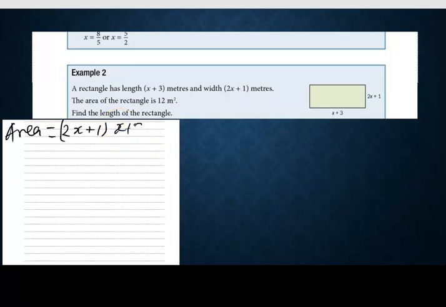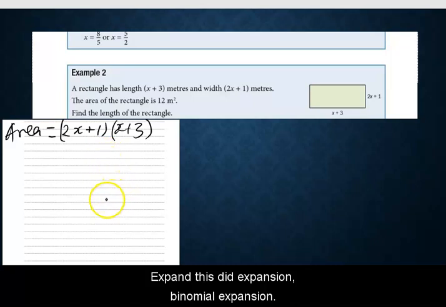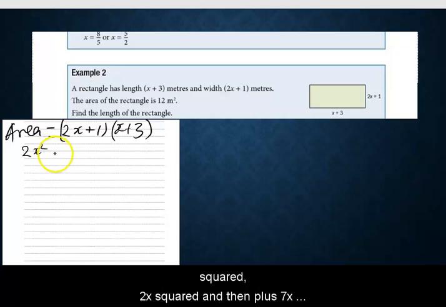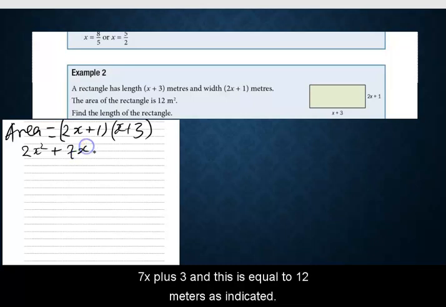X plus 3. Again, this you did in IGCSE. Expand this. You did expansion, binomial expansion. When we expand this, we are going to get 2x squared plus 7x plus 3.